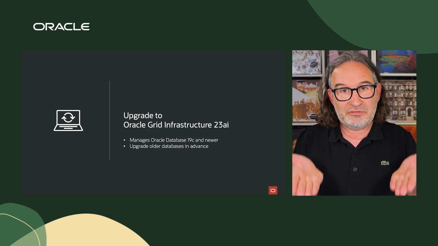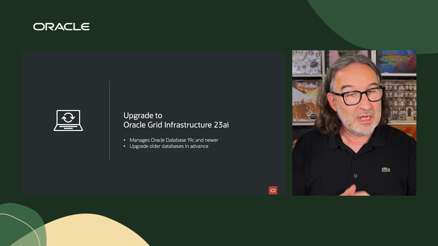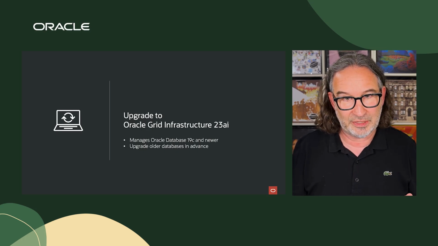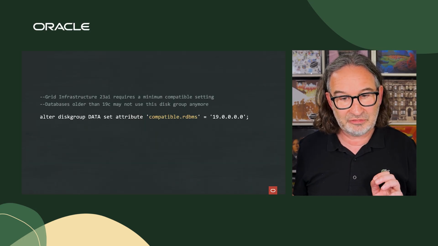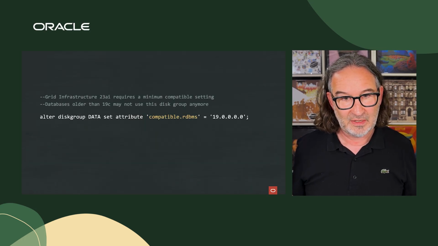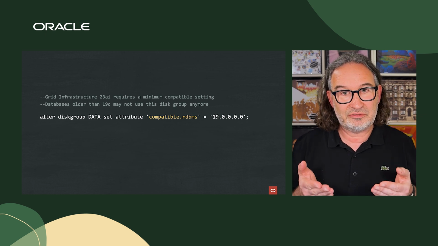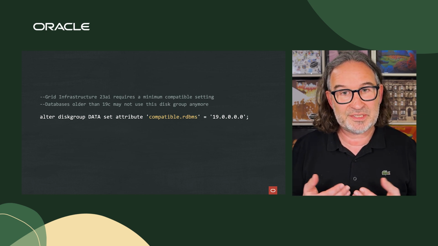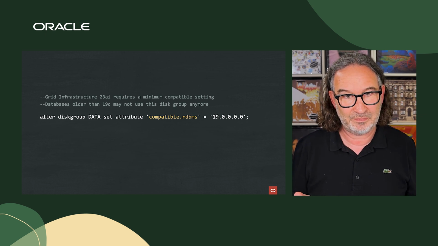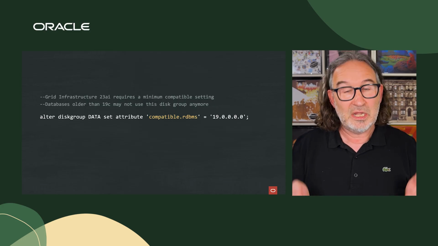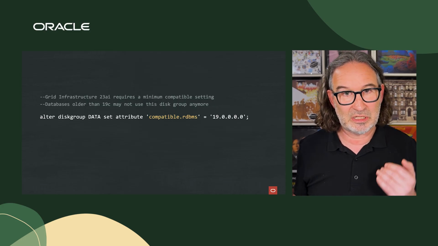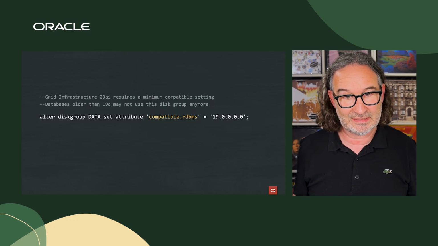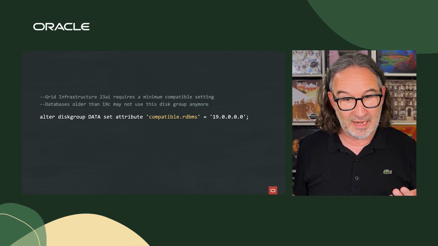As soon as you lift the Grid Infrastructure to 23 AI, there are no 11.2.0.4 or 12.1.0.2 databases anymore. One of the technical reasons for that is we need to also lift the ASM RDBMS compatibility to 19c. And as soon as you've done that, you can't run any databases below 19c in ASM anymore. And if you use Exascale, it's 23 AI anyway.